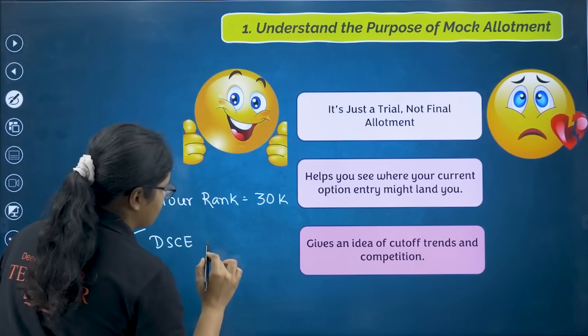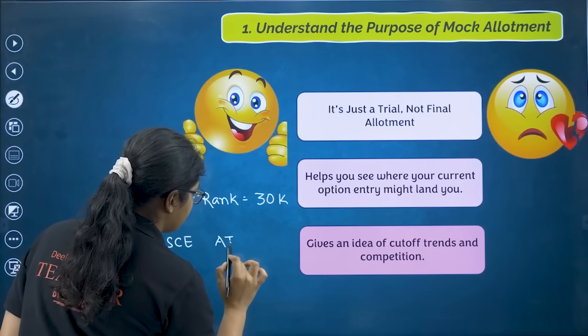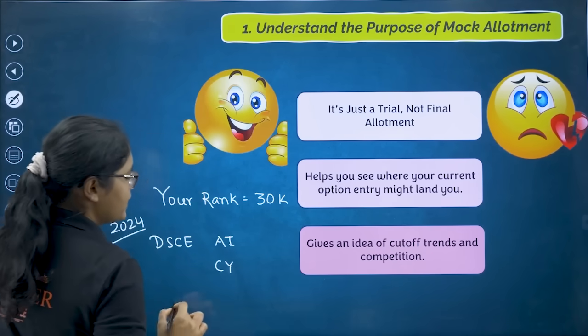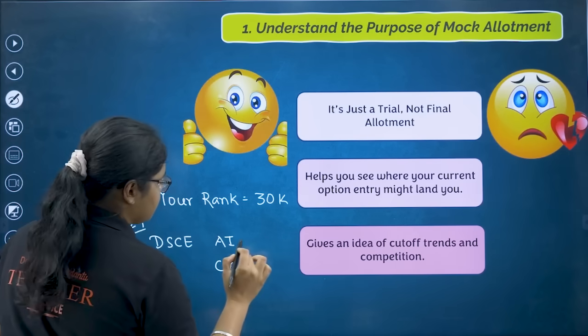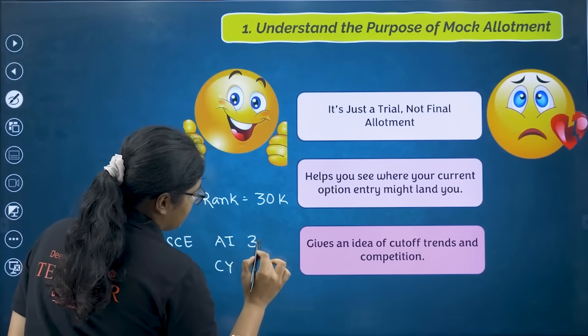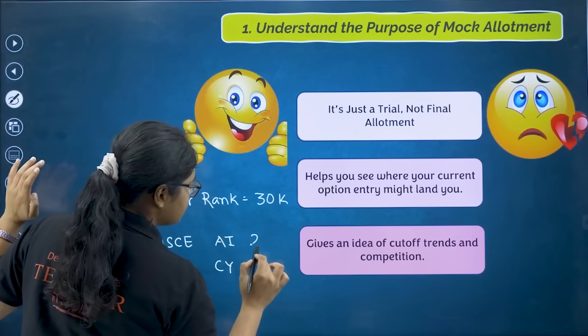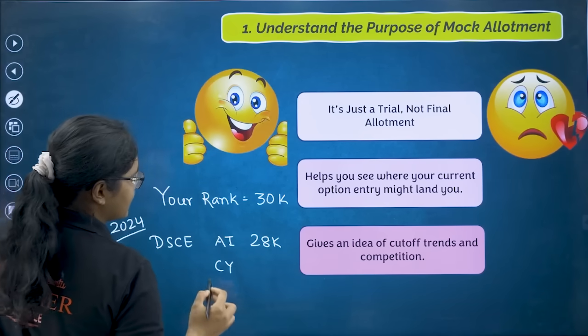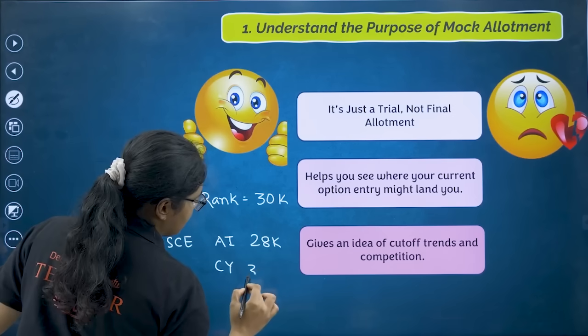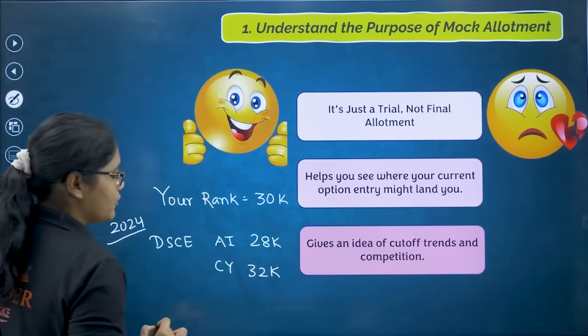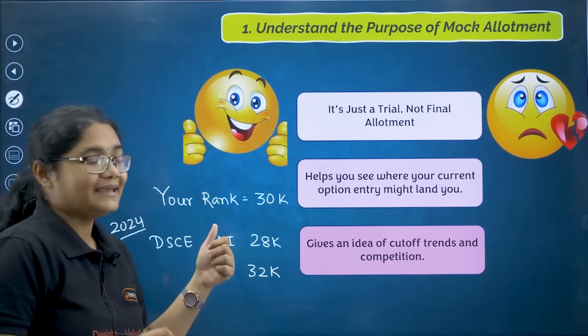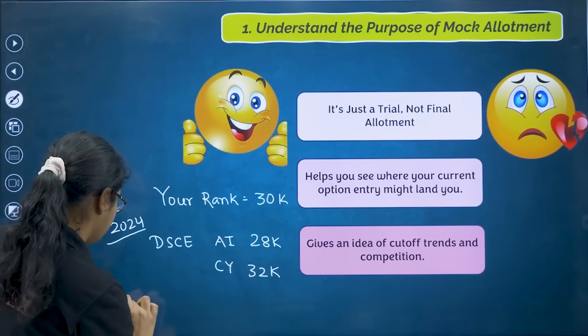There are two branches I am talking about, for example AI and cyber security. The AI cutoff in 2024 was, let it be, 28,000, and the cyber security cutoff was, for example, 32K.